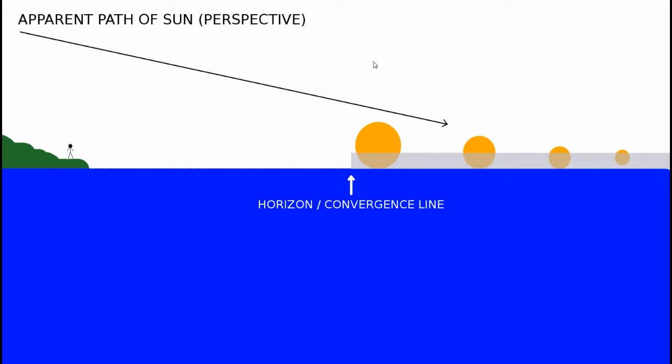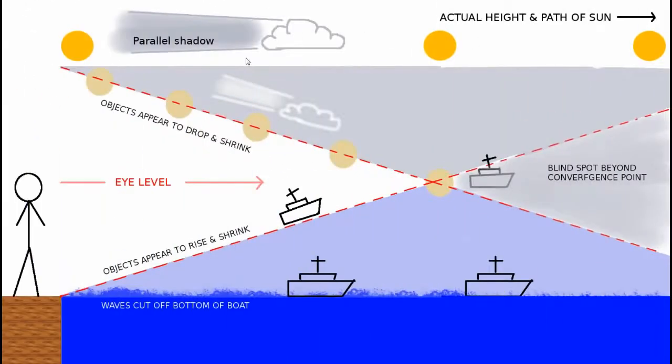So let's have a little bit of a more detailed look at what happens in our prism eyes. Okay, so here's a little bit of a more complex illustration of what's happening when we look at a sunset.